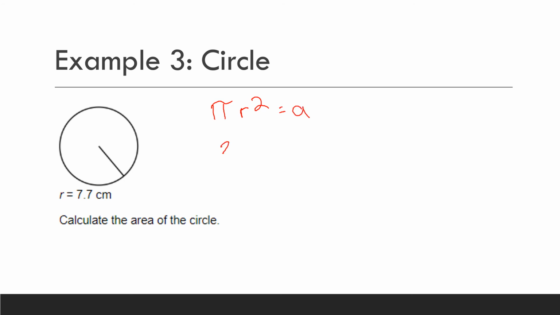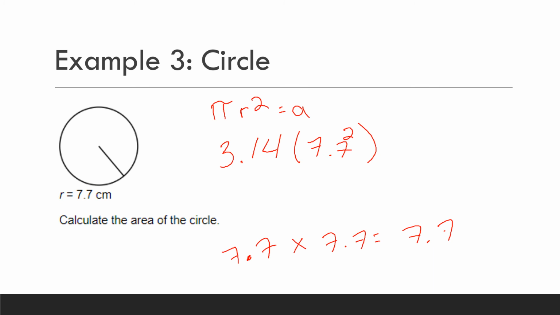And pi is 3.14. And then the radius in this example is 7.7 and then squared. Okay? So all I have to do is plug that into a calculator. Now, depending on what kind of calculator you're using, you might need to do 7.7 times 7.7, because that is going to be the same thing as 7.7 squared.